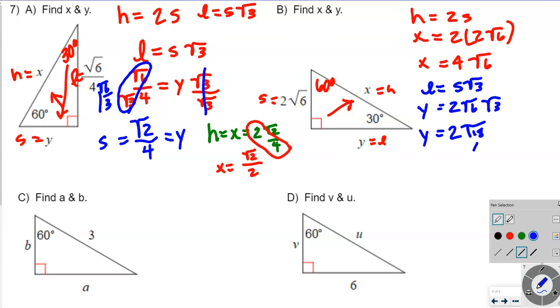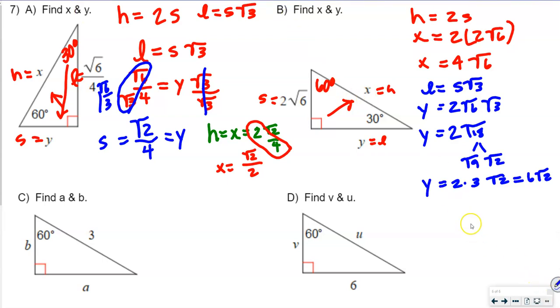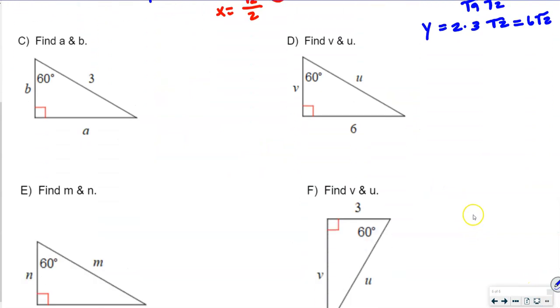And doesn't 18 have a perfect square as a factor? This is going to be the square root of 9 times the square root of 2. So that can be simplified. So this is going to be 2 times 3 square root of 2. So that's going to be equal to 6 square root of 2. And that's what our y is equal to. Okay? You can take y'all back to those properties for radicals, okay?